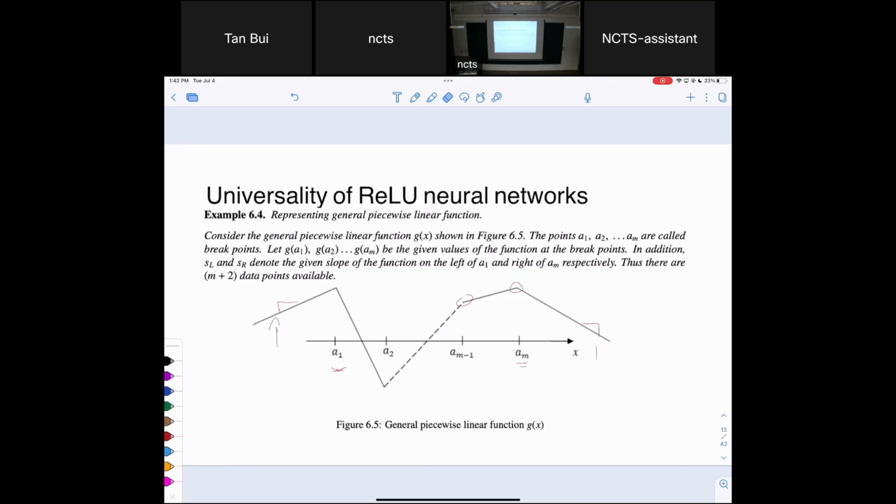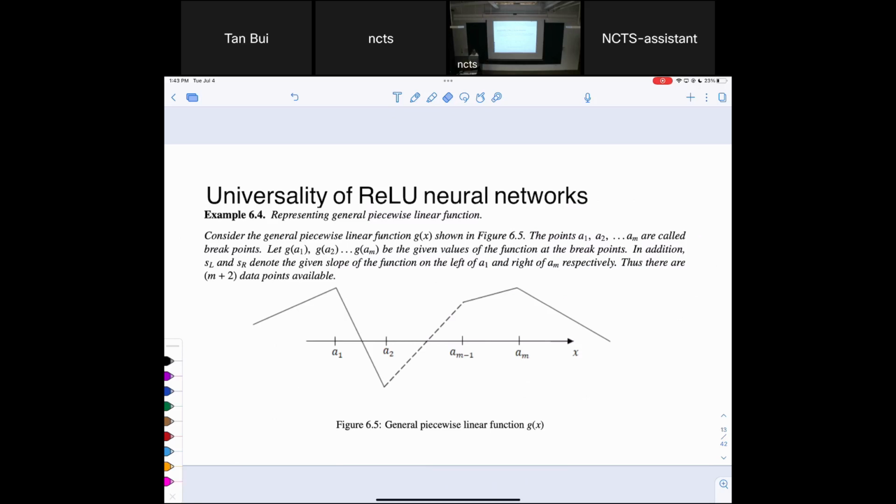This is a truly piecewise linear function with m knots, basically m breakpoints, where the piecewise linear function moves to another piece. So we have m of them, and of course you have two different slopes at the ends. The question is, can we approximate these functions exactly using a ReLU neural network?